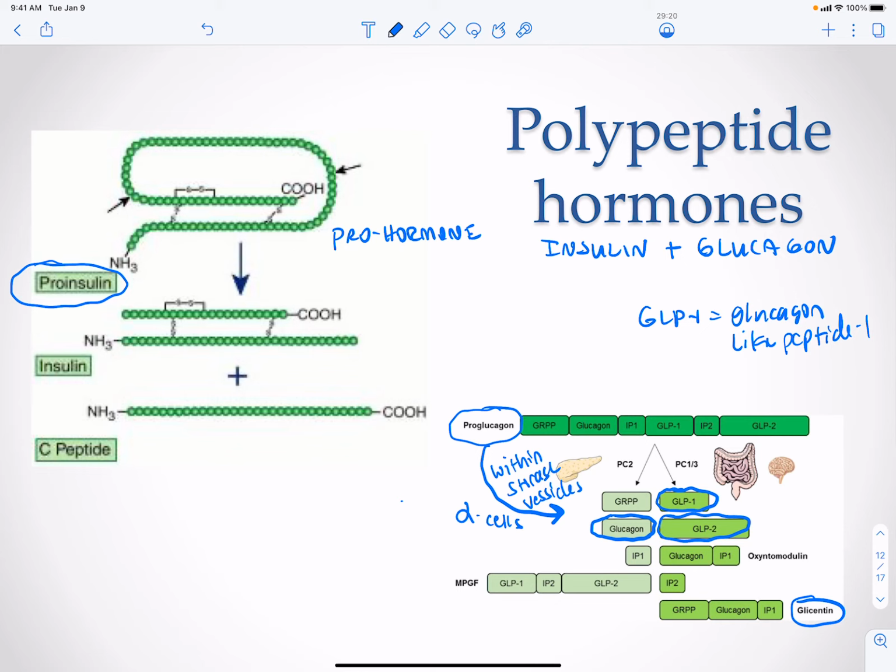Now, proinsulin is going to be cleaved into insulin and the C-peptide. So we have our insulin here, and then we have our C-peptide that's going to get cleaved off. Now, your insulin is going to be in vesicles, and they're going to precipitate with zinc.